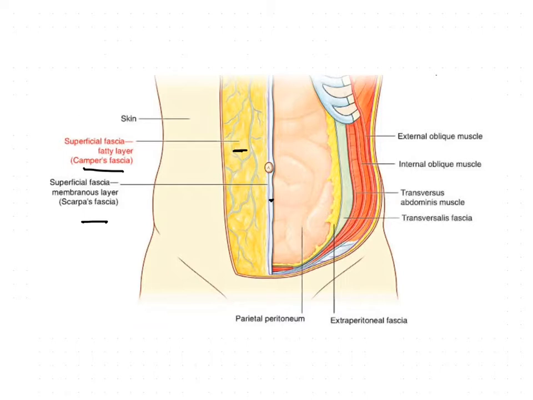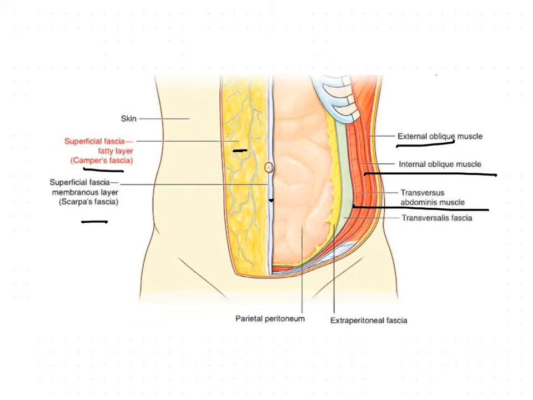Below this superficial fascia you will find the muscular layers. In these muscular layers, the first is the external oblique muscle, below it the internal oblique muscle, and below that the transverse abdominis muscle.